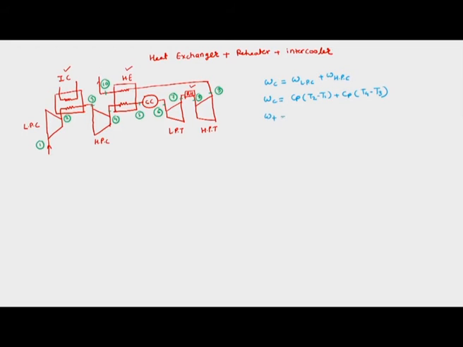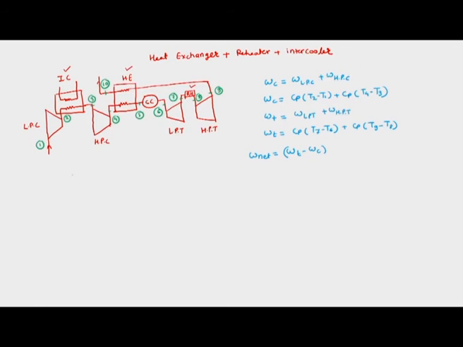Then we have WT. WT is again W low pressure turbine plus W high pressure turbine. So WT is equal to Cp into (T7 minus T6) plus Cp into (T9 minus T8). So W net is as usual WT minus WC.